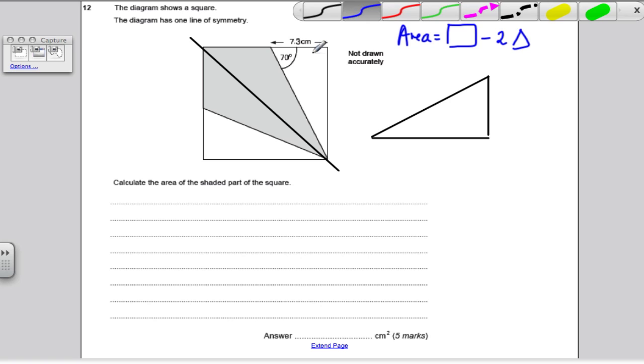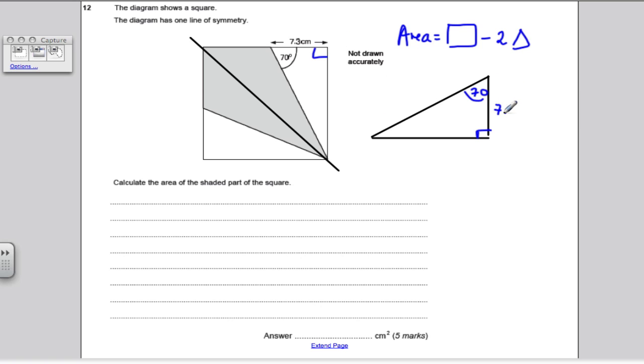Now, this side is 90, so this side is 90. The angle at the top here is 70, and we know that this height here is 7.3, equivalent to this. Now, we want to know this distance here because that could help us work out the area of the square. So this distance here, in relation to the angle, is the opposite.